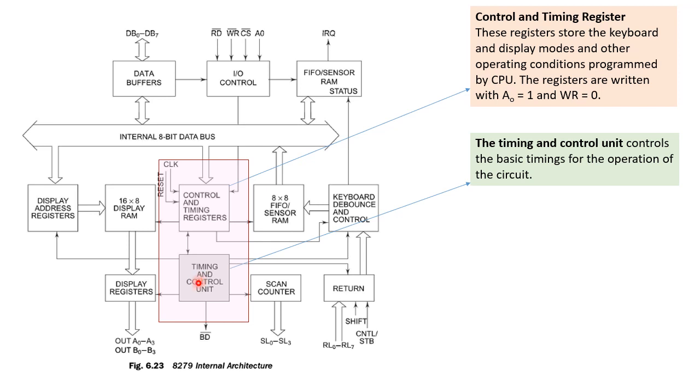The scan counter divides down the operating frequency to derive the scan keyboard and scan display frequencies. So this unit divides the operating frequency of the 8279 so that it can work in the keyboard and display modes.